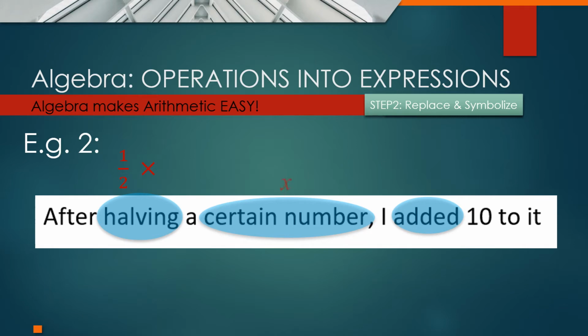Certain number can be replaced by x, and added clearly can be replaced by the @ sign. Third step, rewrite and connect. We are going to connect them all together and connect them to the information within the sum. Note, a half multiplied by x is the same as saying a half x.